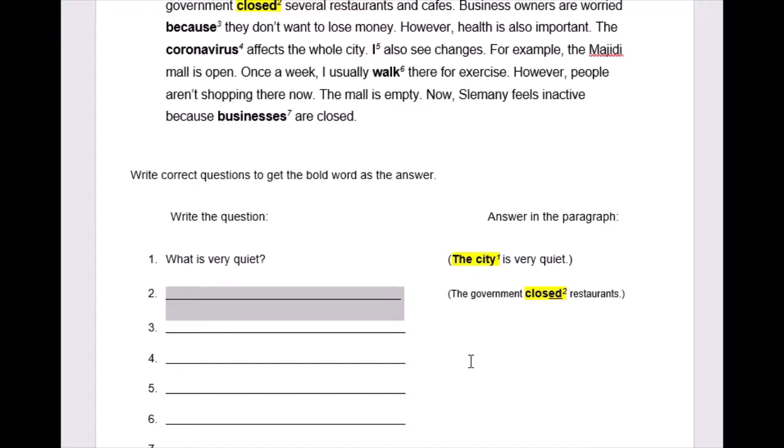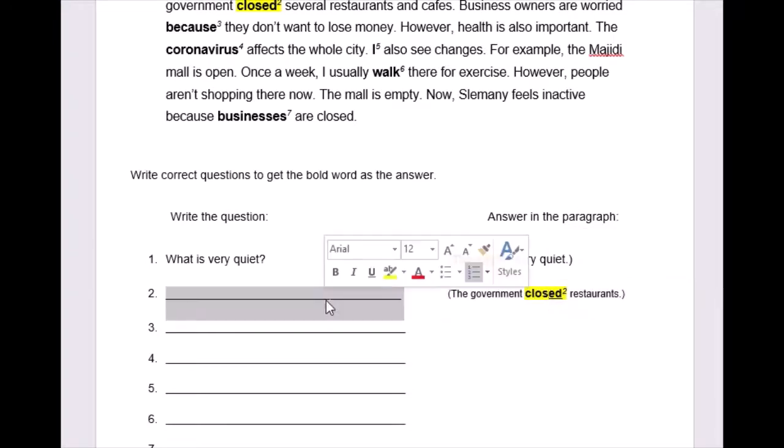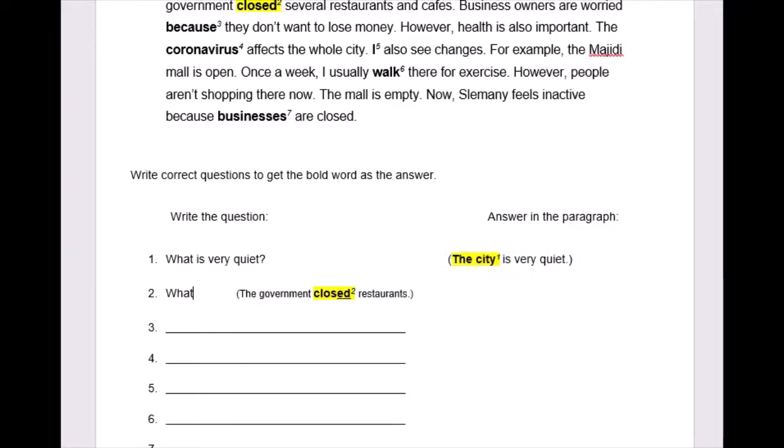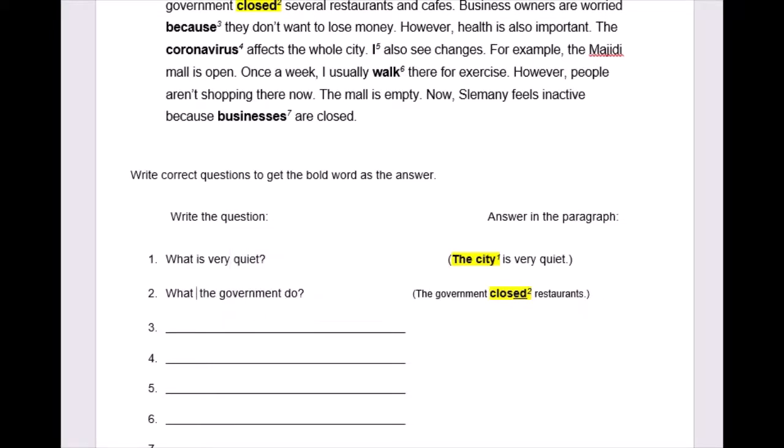So I'm asking about the action that the government did. So what... So really, this is my question. What the government do? So I need a helper verb. What did the government do?